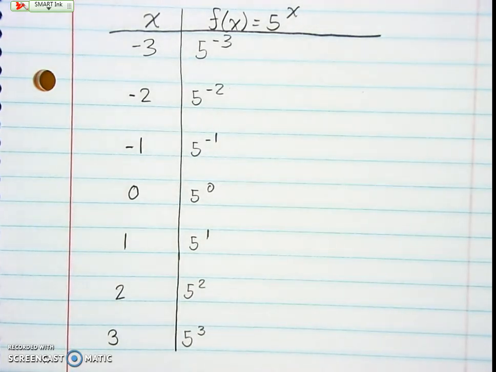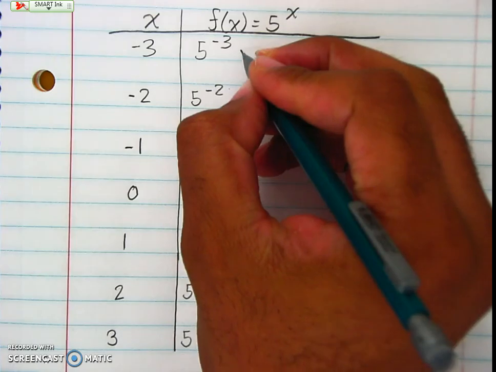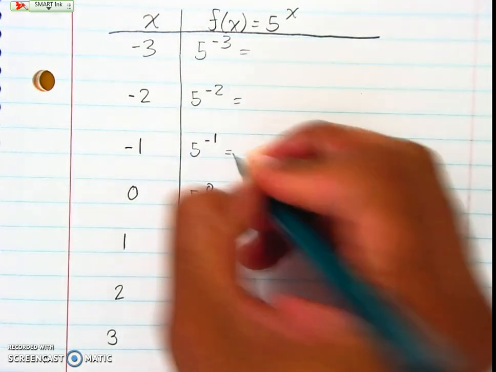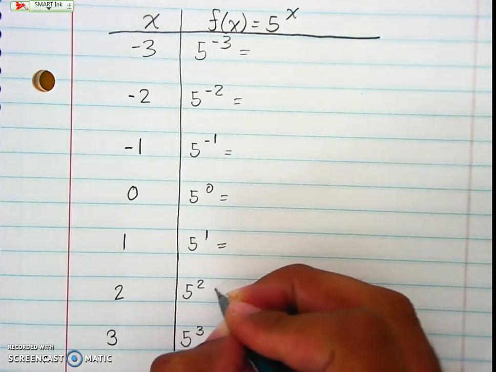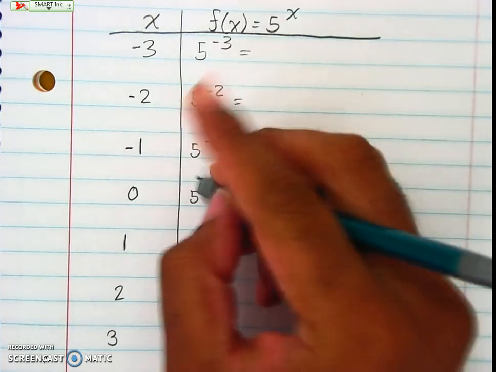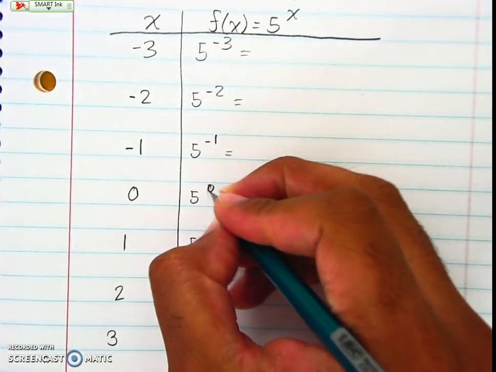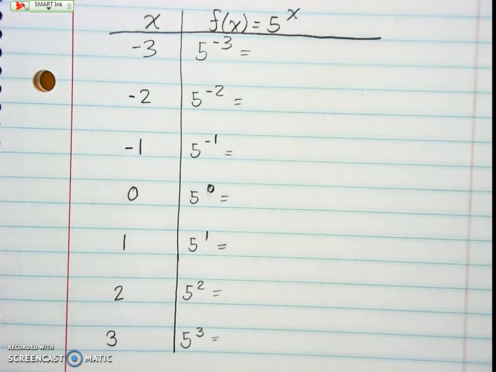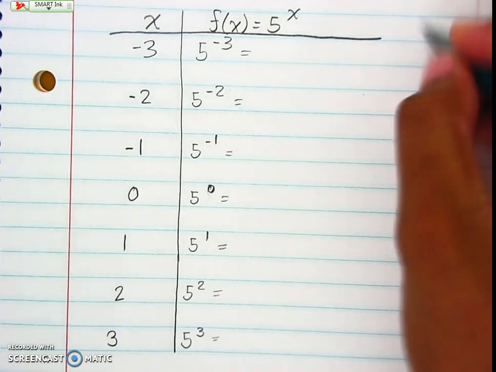Okay, so we just put them in. And now we need to go ahead and solve them out, or simplify them, as you can say. Now, we said this before: whenever we have a negative exponent, that means we have to flip the number to make it a positive. Let's write this off to the side.